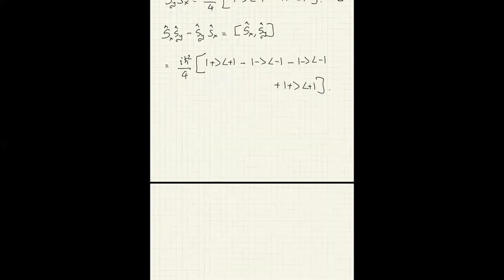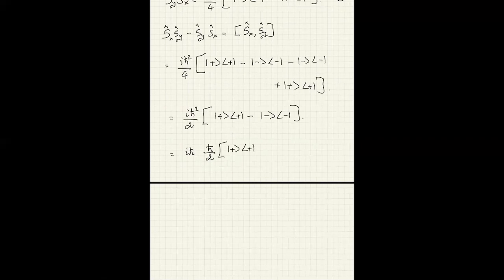Okay. So as you can see, there is 2 factors of plus plus and there is 2 factors of minus minus. So I can write this as i h bar squared over 2 times plus plus minus minus minus, okay, which I can write as i h bar times h bar over 2 plus plus minus minus minus.